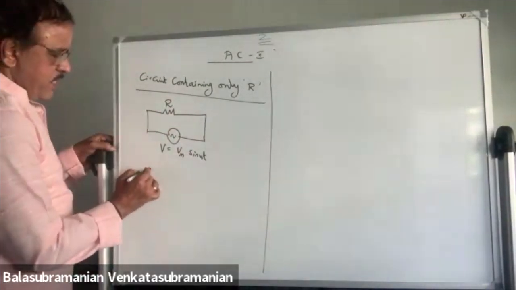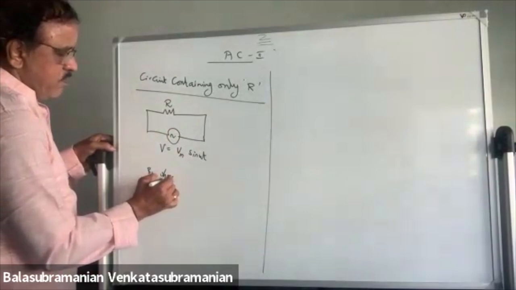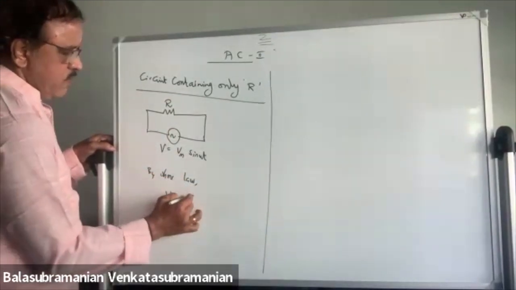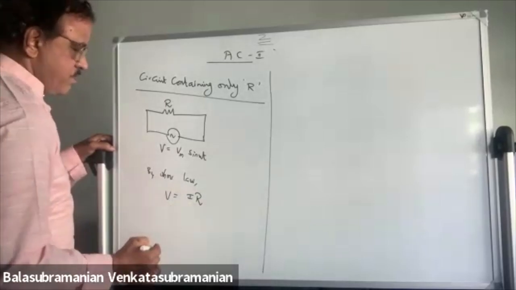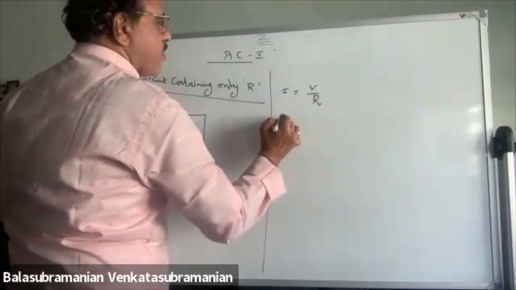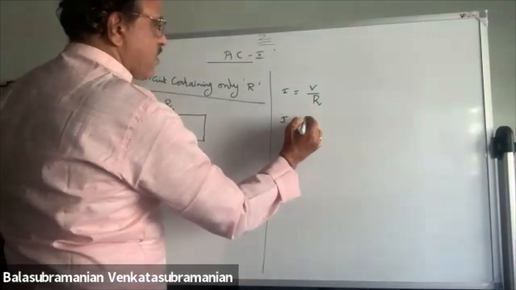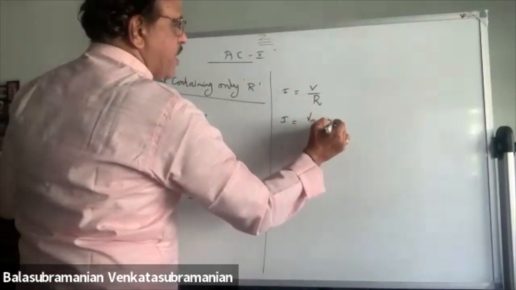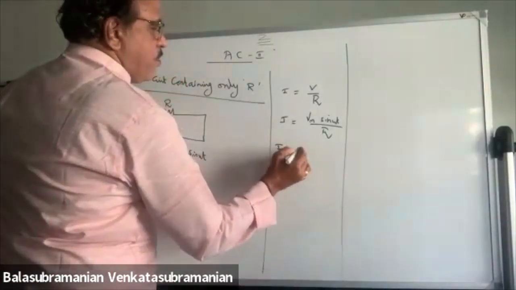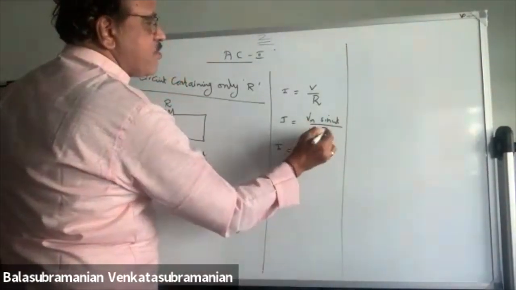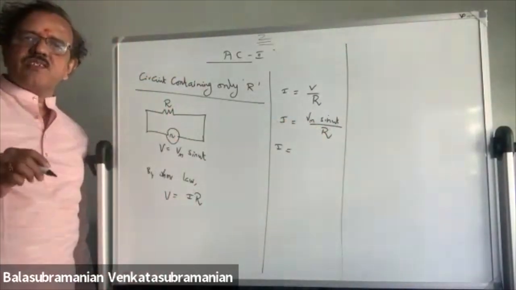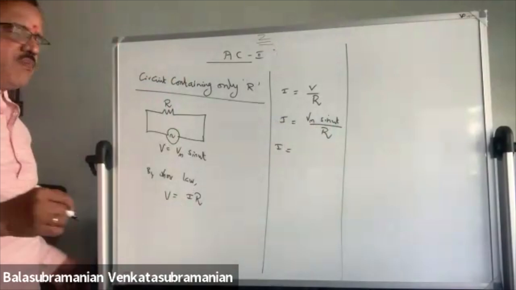Current by Ohm's law, V is equal to IR. So I is equal to V by R. V is nothing but Vm sin omega t by R. Maximum value of voltage by resistance, we call it as maximum current.